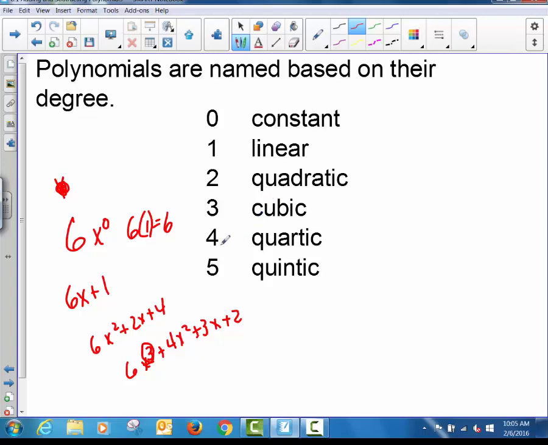And so on. If you have a degree of 4, then it's going to be a quartic. If it's the degree of 5, it's going to be quintic. The ones that you are most primarily concerned with are these two right here, right now. Okay, the quadratic and the cubic. And even narrowing it down even more, quadratic is the thing that you're going to be dealing with over the next 2 chapters.